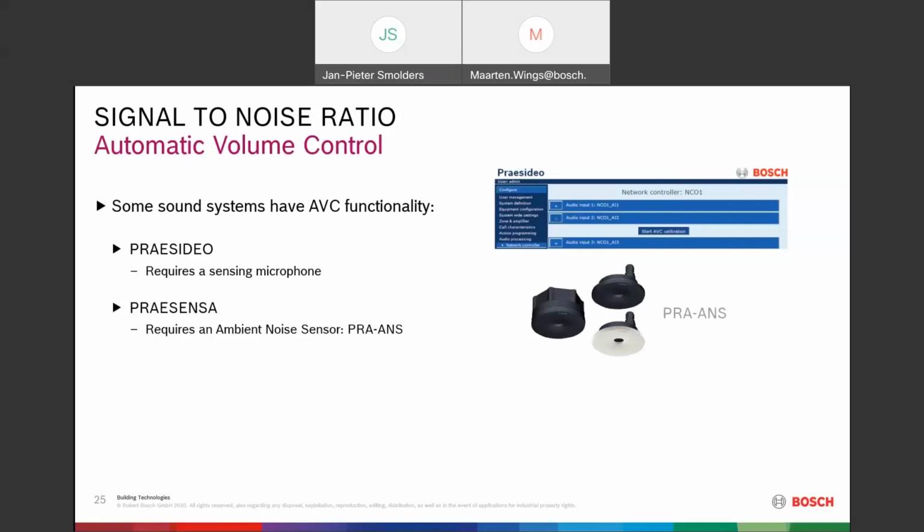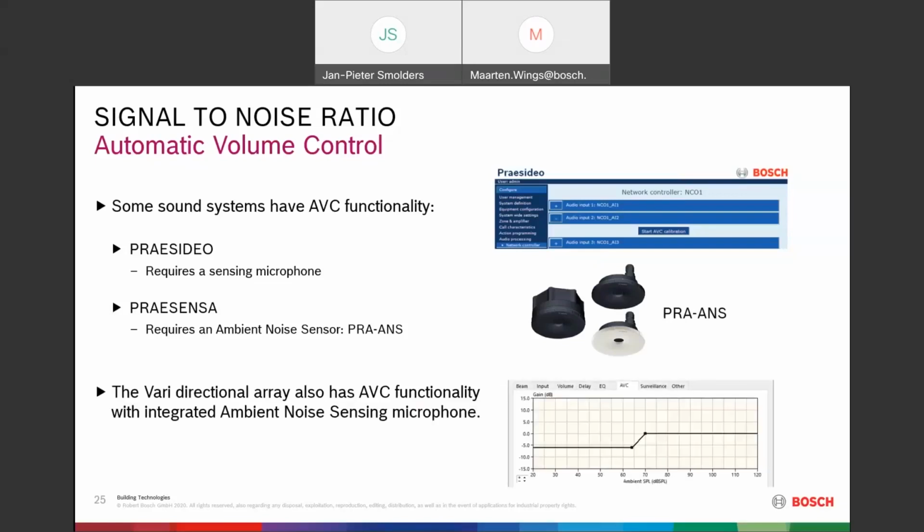Now with Presenza, we also have this noise sensing microphone, the ANS, ambient noise sensor, and you can use it in combination with the Presenza system. So that's convenient. You just plug in and connect the ANS to the Presenza system, and you can use it.